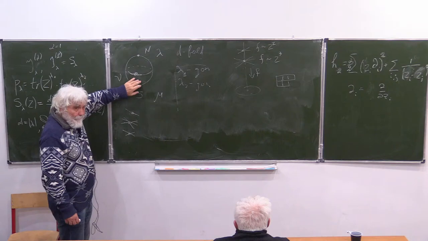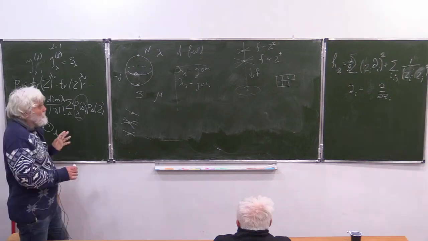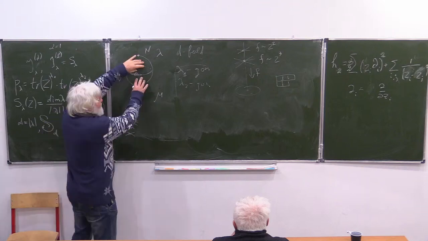And the question is, what is the number of different ways to glue this, if these 3 partitions are given? So we have 3 partitions. Of course, they are of the same weight, because this weight is equal to D. First I should say, we have 2 one gons, and let us glue the preimages of these one gons in different ways.